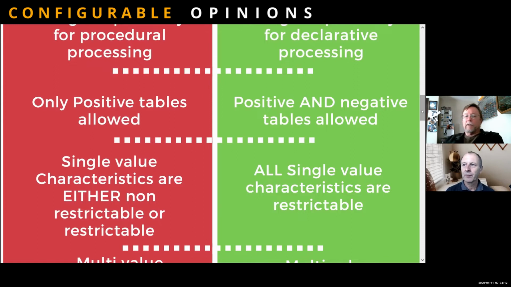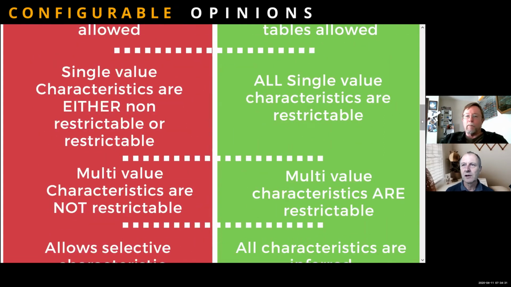In the LOVC world, you can have either a restrictable or a non-restrictable characteristic. In the AVC world, every characteristic is restrictable. So here we're specifically talking about single value, but I also want to talk about multi-value, because in the LOVC, you could not restrict the domain of a multi-value characteristic.